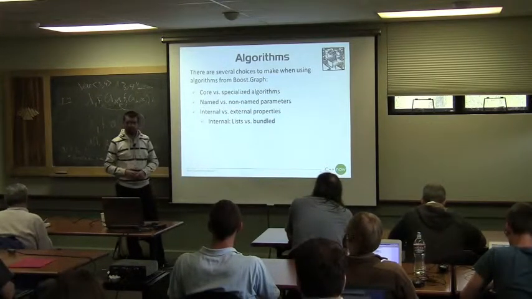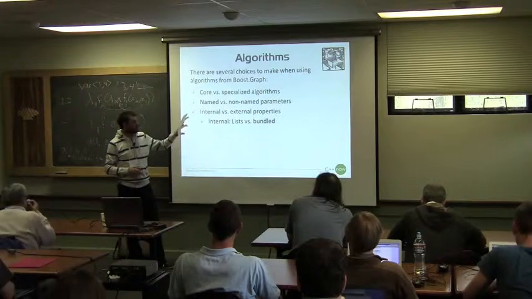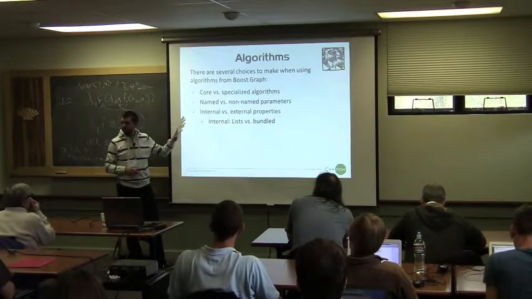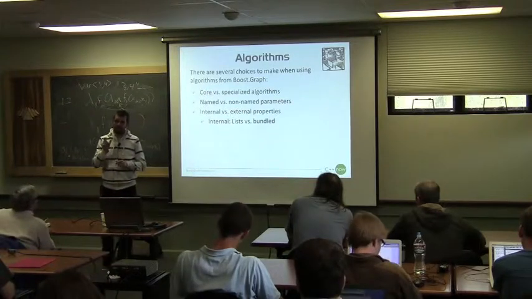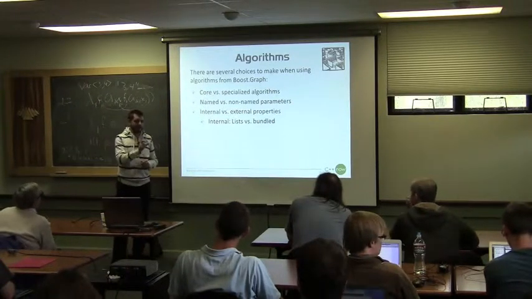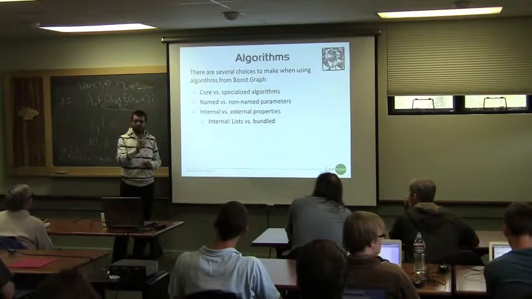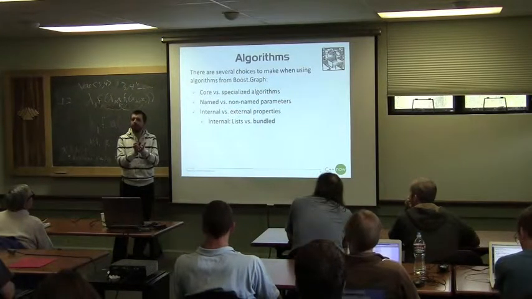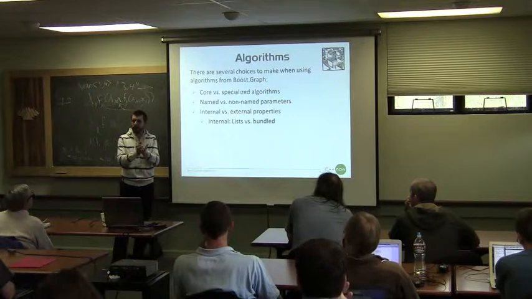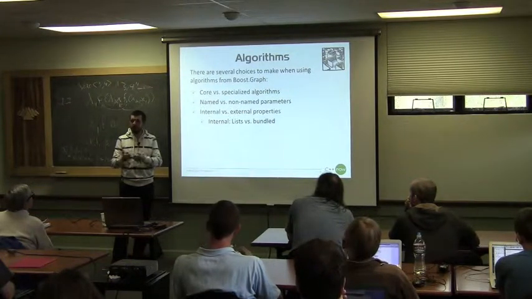And the algorithms here in Boostgraph, they use for this so-called property maps. So what you can think about is that there is a property attached to a vertex or attached to an edge, and that property is used to store some extra information for a certain vertex or for a certain edge.